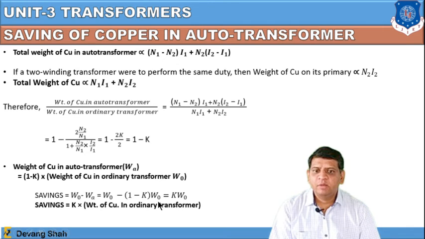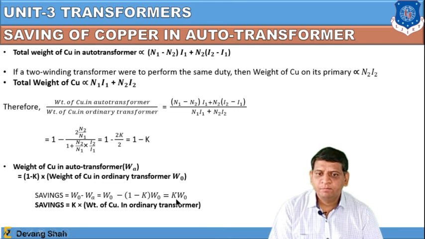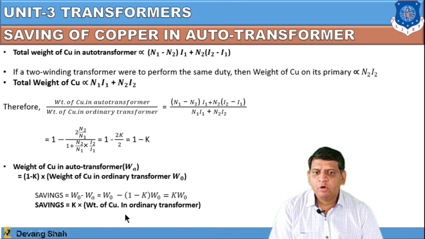From this you get K into WO. That means the saving of copper in an auto transformer is K times the weight of copper of an ordinary transformer. This way you can save that amount of copper weight in an auto transformer. That's why it offers you less weight of copper in an auto transformer, right.